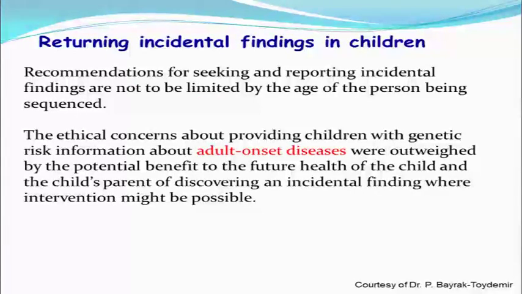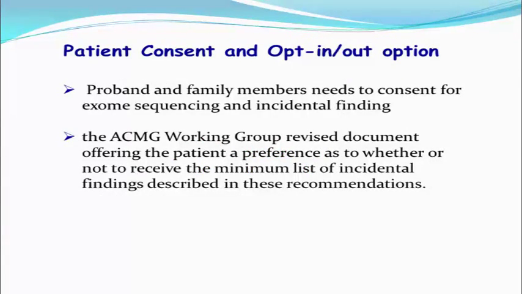Since the incidental findings recommendations were released, there have been a lot of discussions and criticisms, especially for children who had exome sequencing, with a lot of concerns about releasing incidental findings for adult onset conditions. Therefore, in 2014, ACMG revised the recommendation, allowing patients to opt in and opt out for receiving the incidental findings.